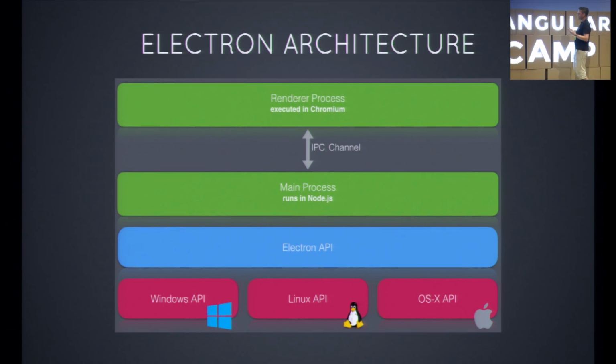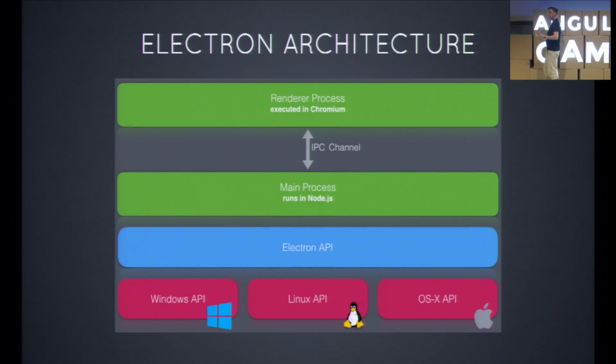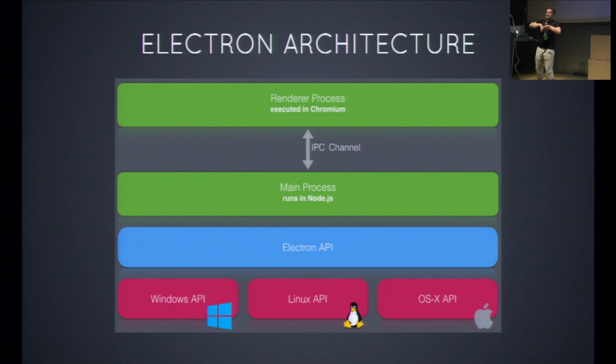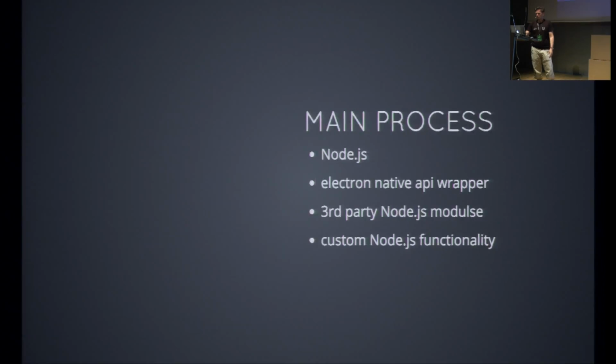So it's a very easy architecture, but it's flexible, and it allows you to separate the different things a bit, to have the main process being responsible for using all those native APIs, and to have the renderer being responsible for serving your single-page application.